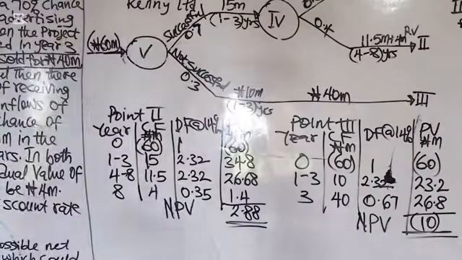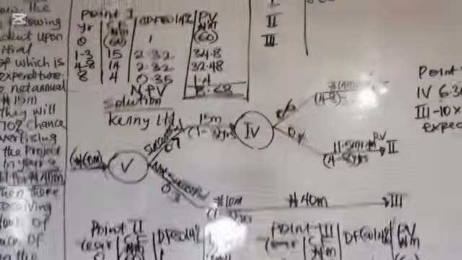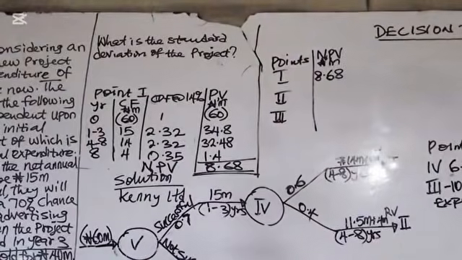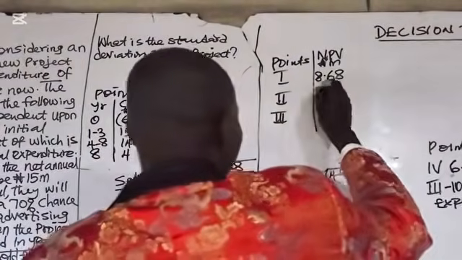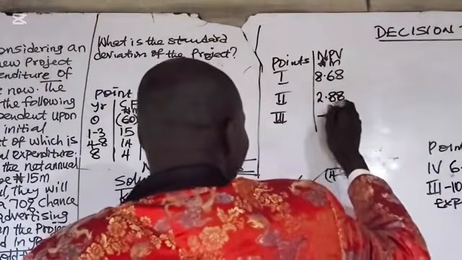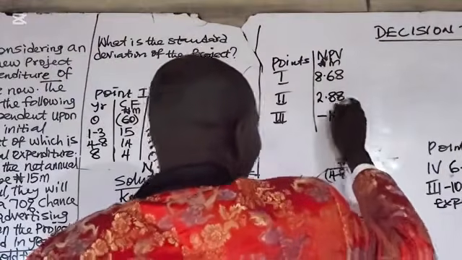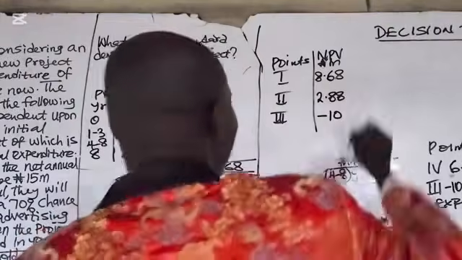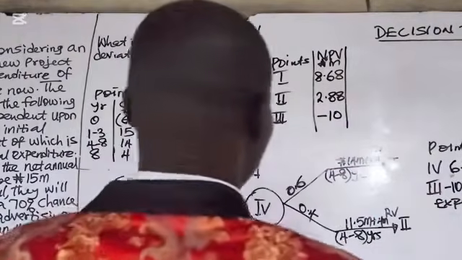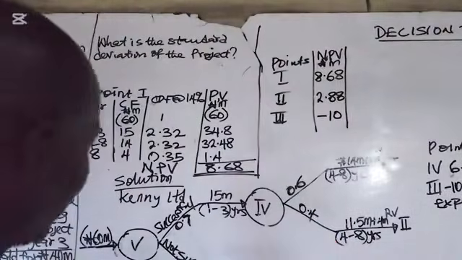So those are the results obtained from our NPV: 8.68, 2.88 and minus 10. So now that we have this as our NPV, what are the probabilities?